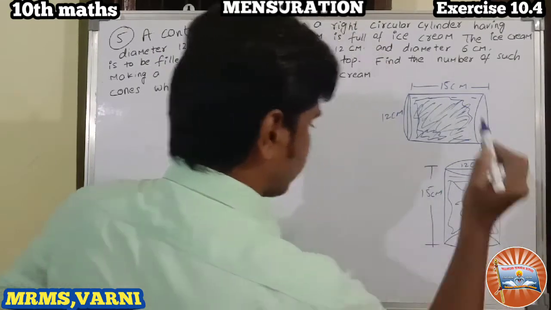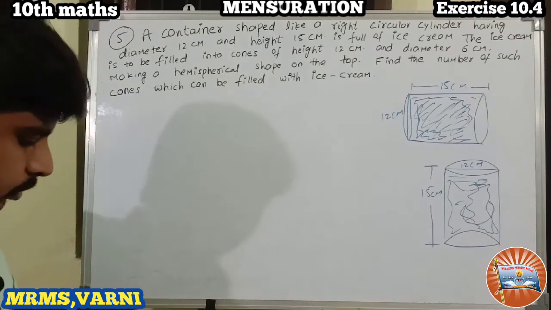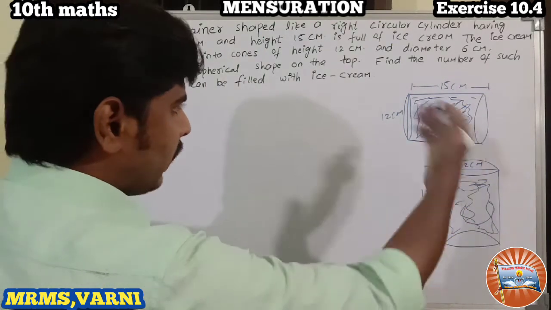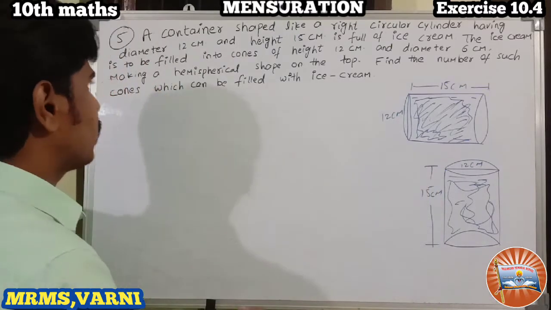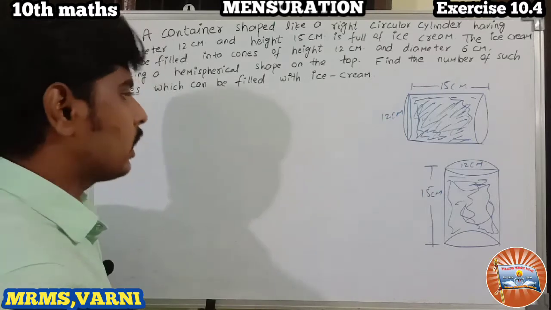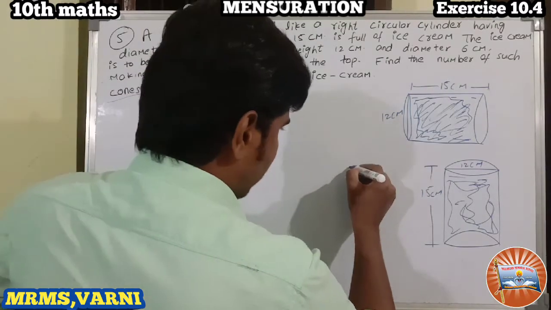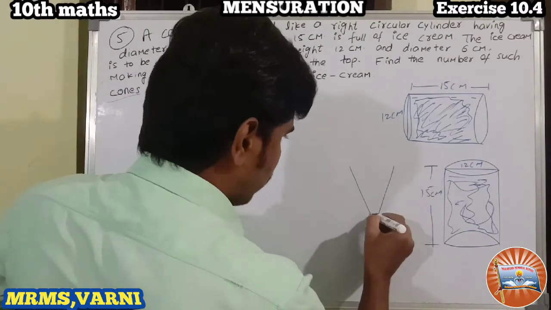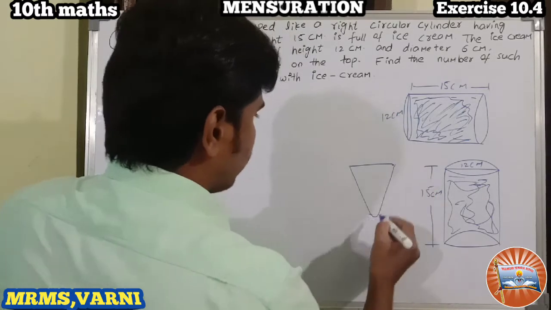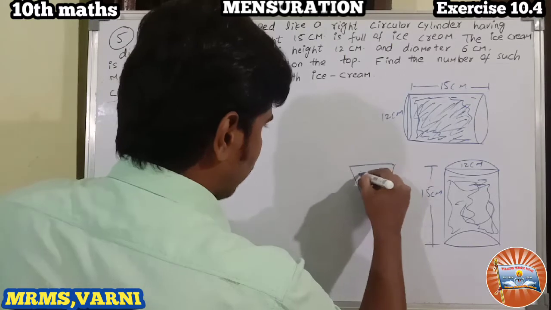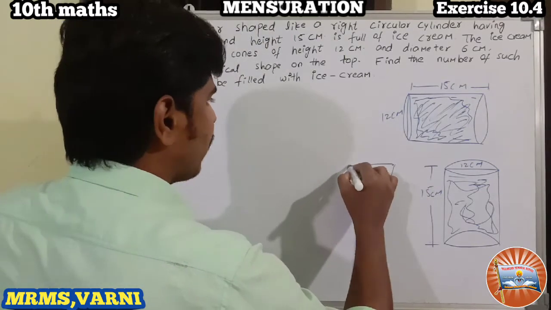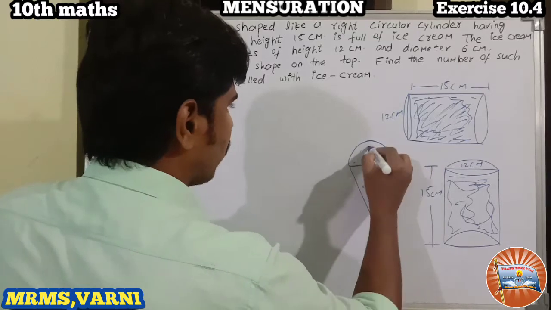From this, the ice cream is filled into the cones. The cone is like this, we know that already. The cone is filled with ice cream and the top is like a hemisphere.